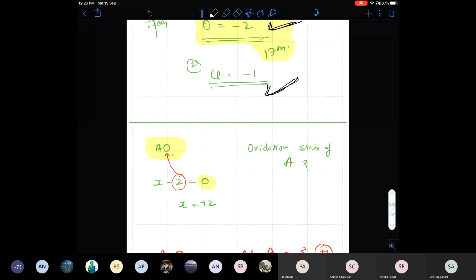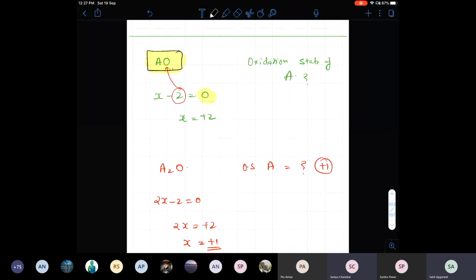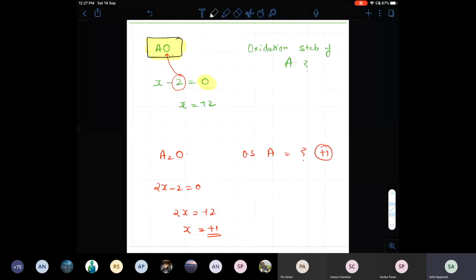Okay. Yes, sir. For example, if you have compound AO, here we want to calculate the charge on A. We know the charge of oxygen.